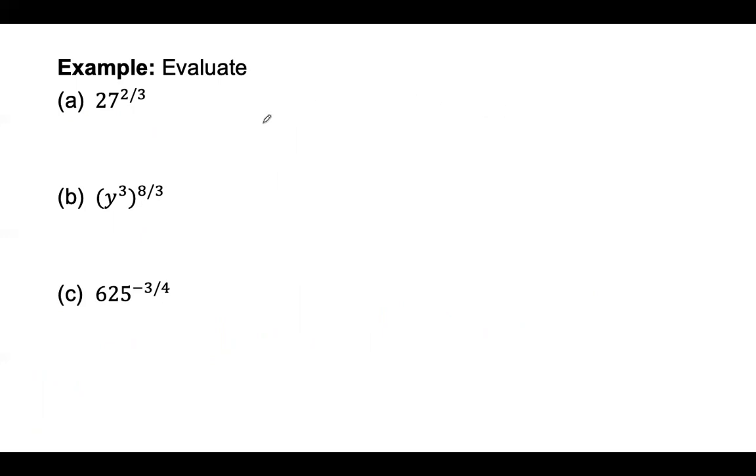So let's evaluate these. We can try to do them while I write them out. It's all squared too, so I'm just rewriting it in this manner, then evaluating the number inside the brackets first. So x, let's say, to the power 3 equals 27. What number is that? 3, yep, perfect, 3.